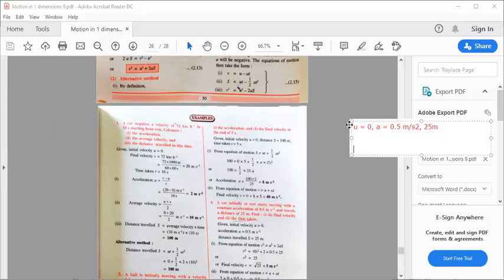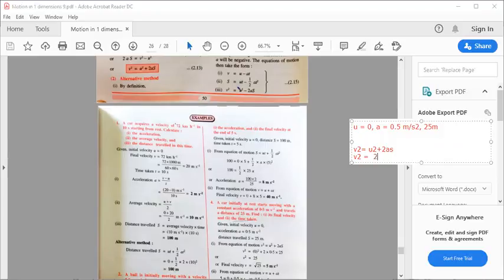Now they have not given you time and they are asking you to find time. So which formula you are going to use here? V square is equal to u square plus 2as. Yes, because see there is no time given. So I don't know v square because that only I'm trying to find out. U square is what, 0.